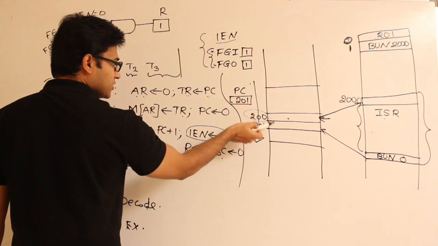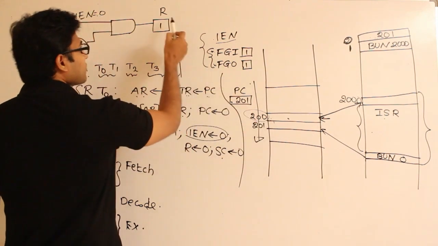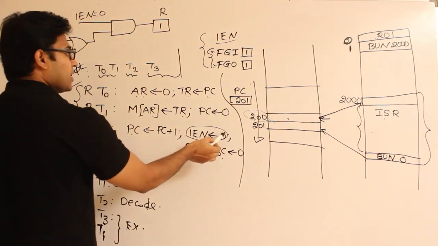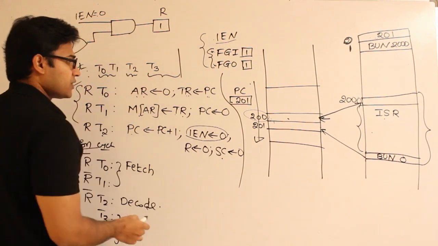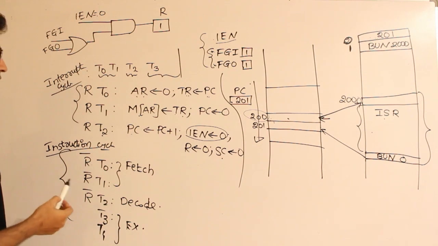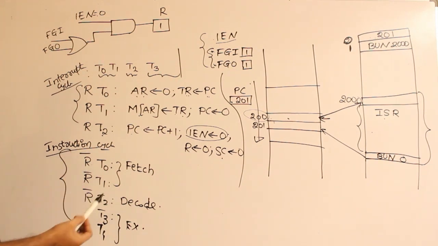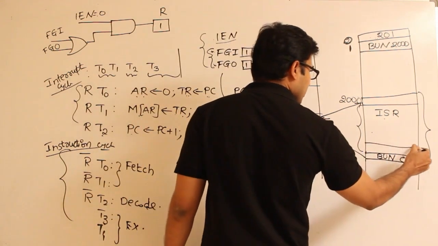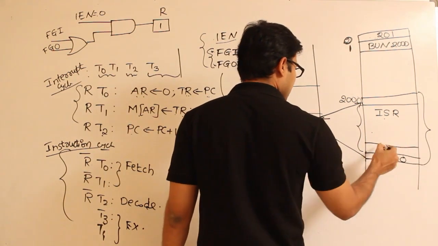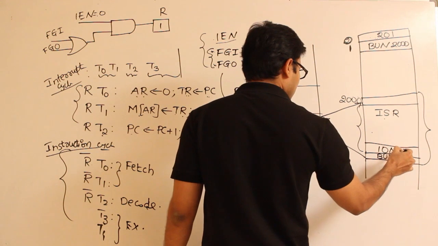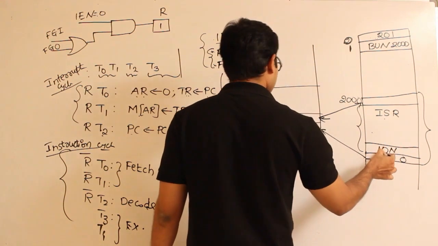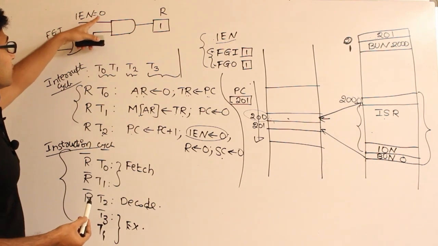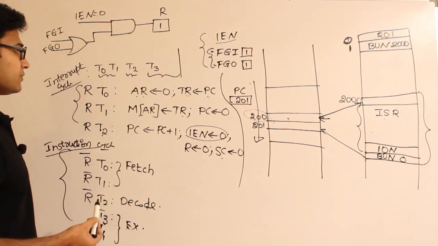Even if there is a request for IO, your interrupt flag will never show 1. Got it? Since you have made this 0, you are supposed to enable the interrupt by using ION. So the last but one instruction here has to be ION. By putting this instruction, this will be changed from 0 to 1.